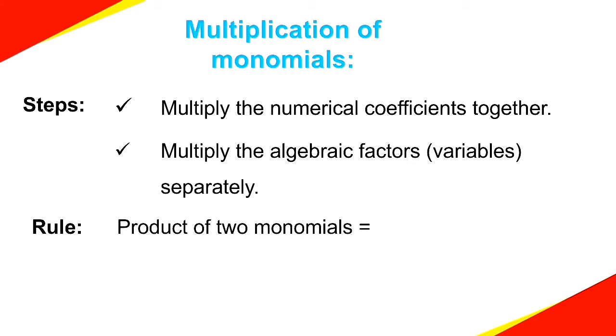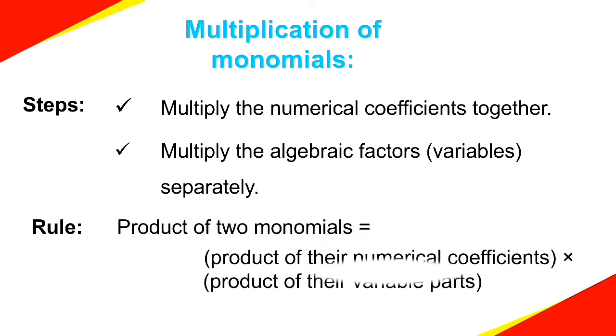Now the rule we are going to see. Product of two monomials is equal to what we can get? Product of their numerical coefficients into product of their variable parts.